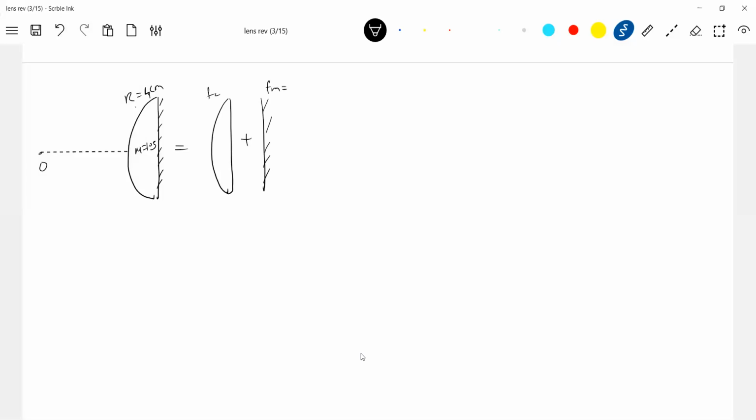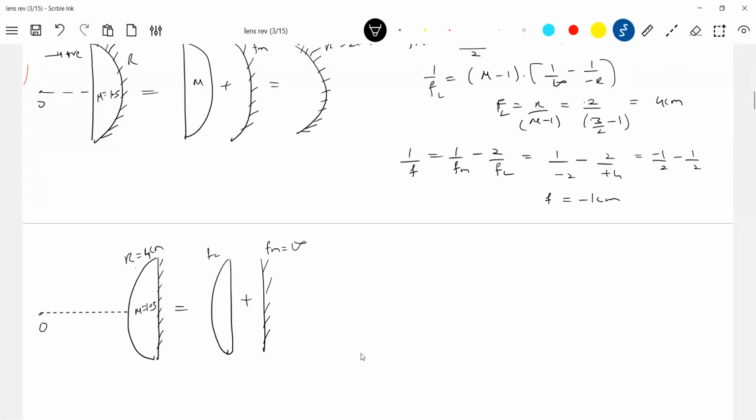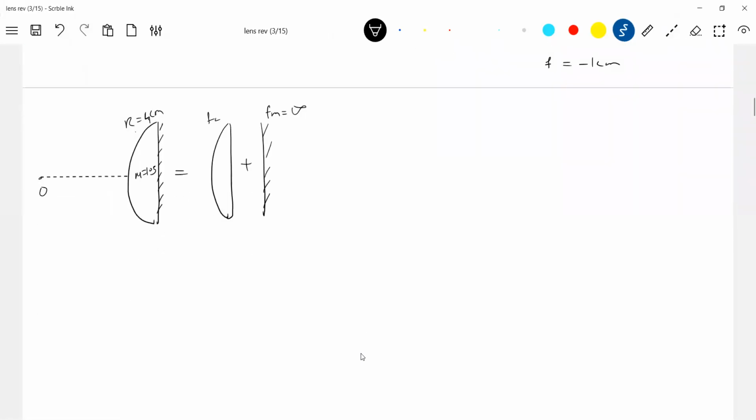What is the focal length of the mirror? It will be infinity, no? Radius of curvature is infinity. Focal length of this lens is how much? Already we have discussed. FL is how much? 4 centimeter. So this everything again will become a concave mirror.